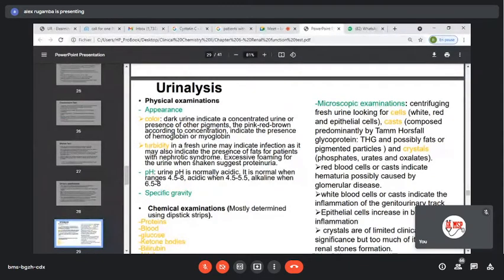There are many causes of bleeding in our urinary system. So just list 2 or 3. Bacterial infection.